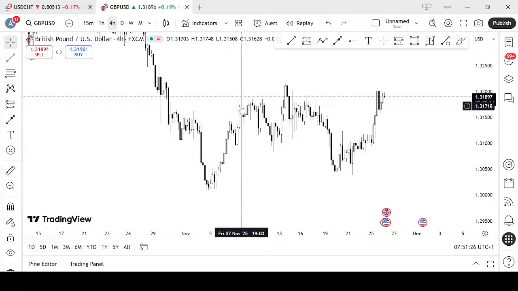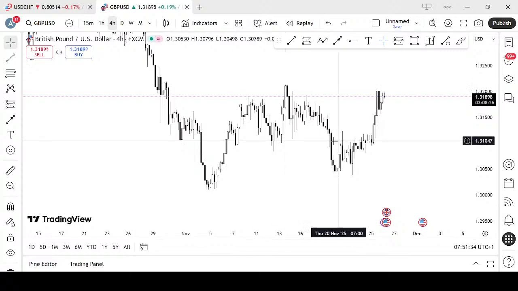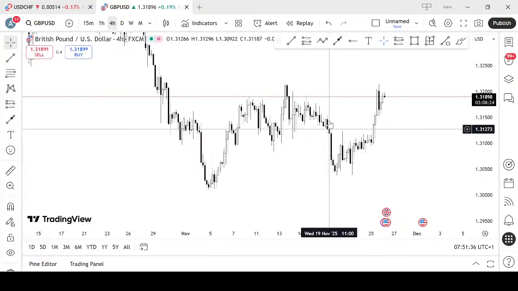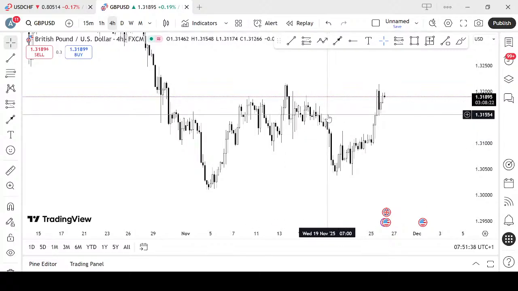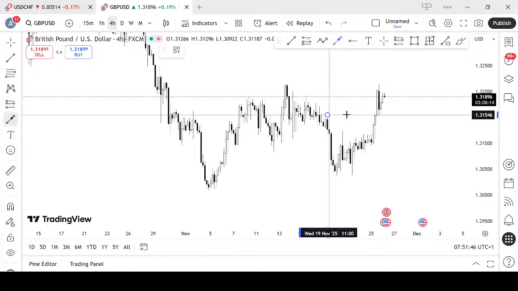Then formed the new higher high here, powered by this low. Then we broke to the downside with a new lower low here, and that movement was powered by this high here. And now we've taken out the high to form a new higher high. So the last break of structure is to the upside, and this is it.